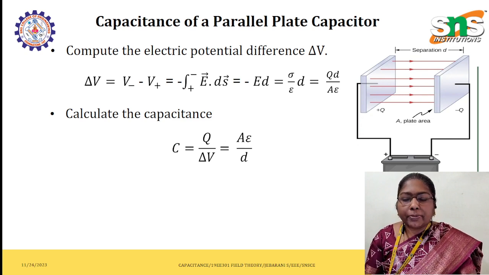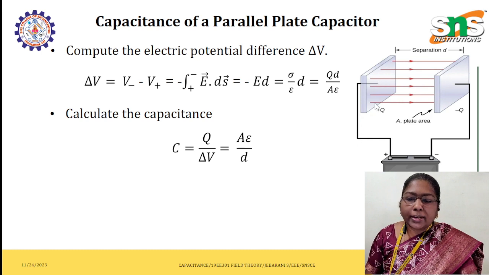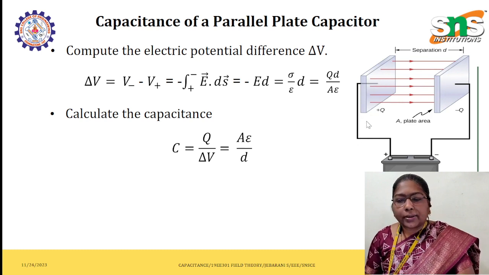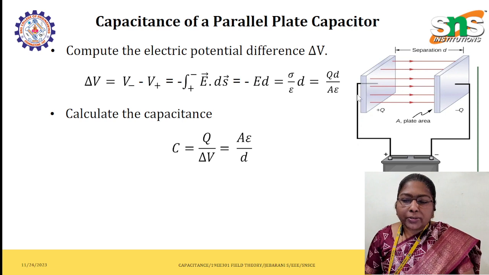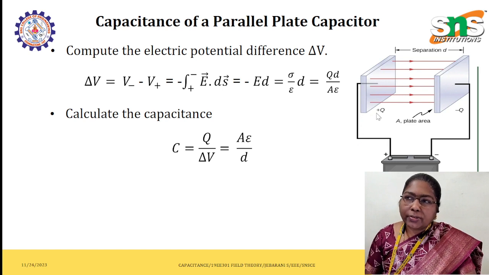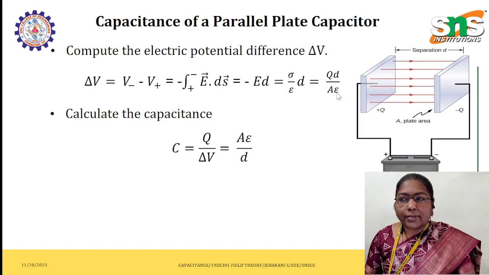Then we need to calculate the potential difference. The difference between the potential across plate 1 and plate 2 has to be calculated. That will give you the potential difference, and here it depends on the distance of separation d, the area of the plates, and the nature of the dielectric medium that you consider.